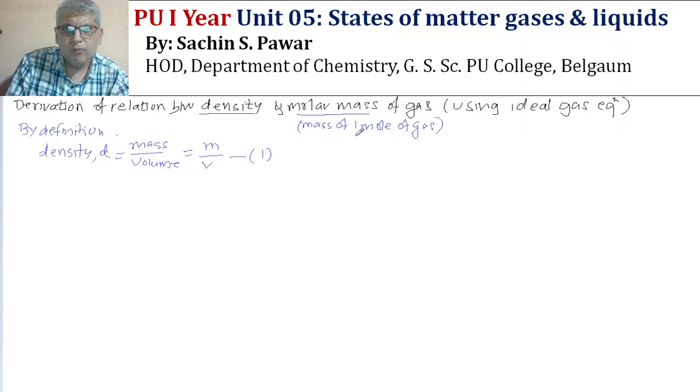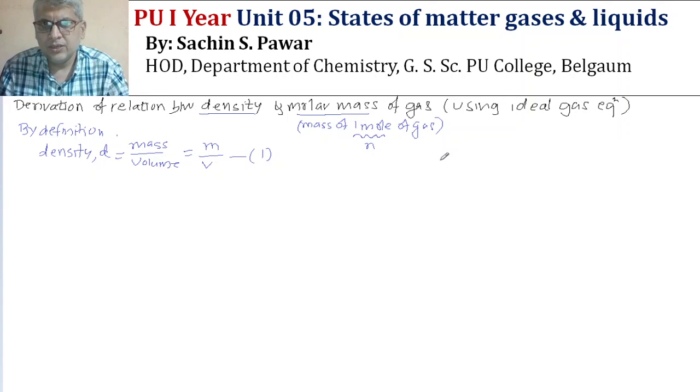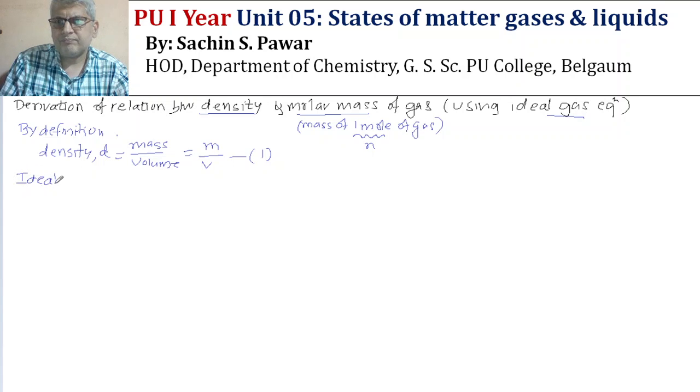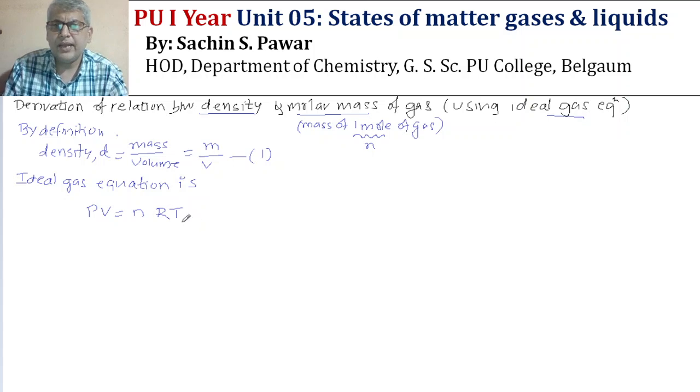So mole means the number of moles term is used here. Do we have any relation where the number of moles is there? Yes, we have an equation called the ideal gas equation, PV is equal to nRT, where n is the number of moles.